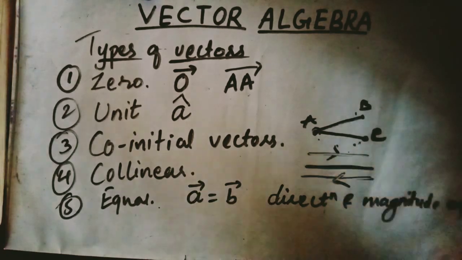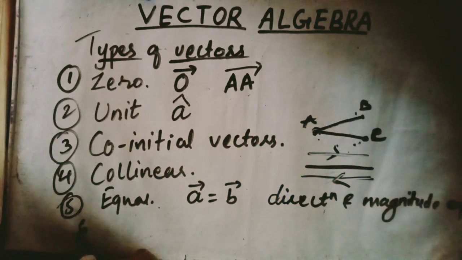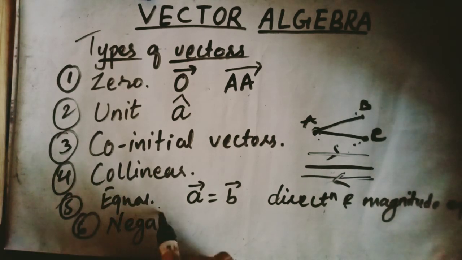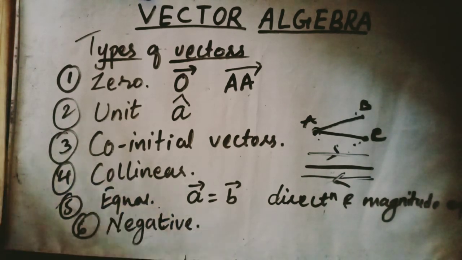Then we have the negative of a vector, whose magnitude is the same as that of the given vector but direction is opposite.